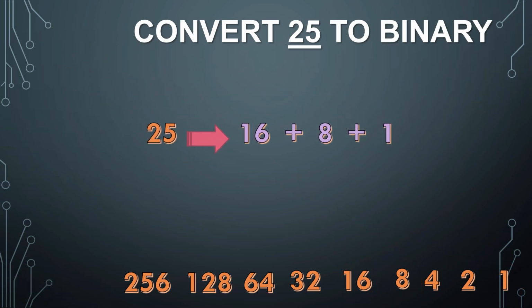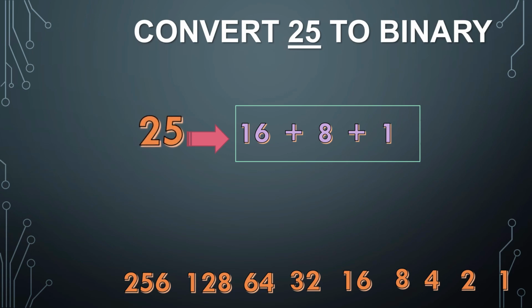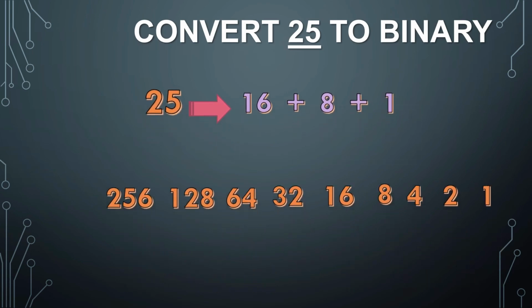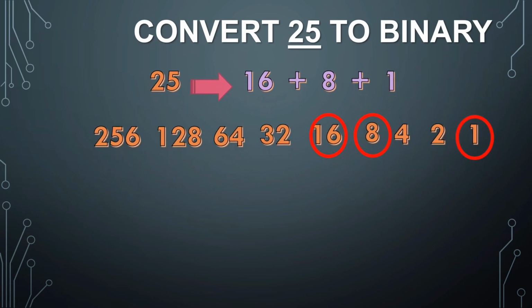So if we add 16 plus 8 plus 1, it should be equivalent to 25. Now, the equivalent is: 16 is equal to 1, 8 is equal to 1.